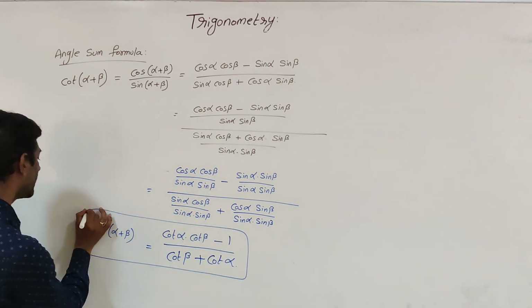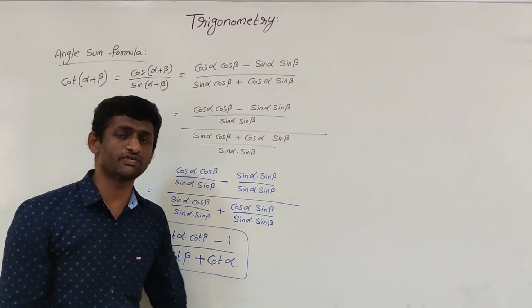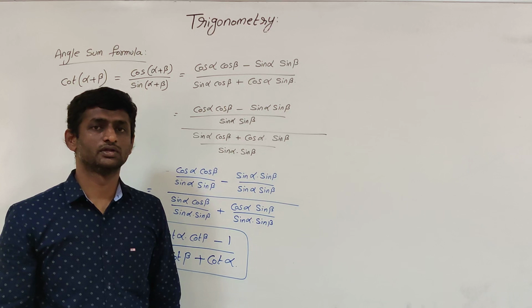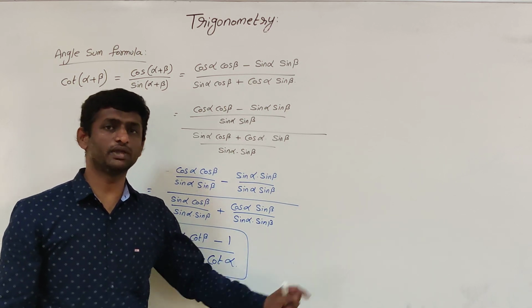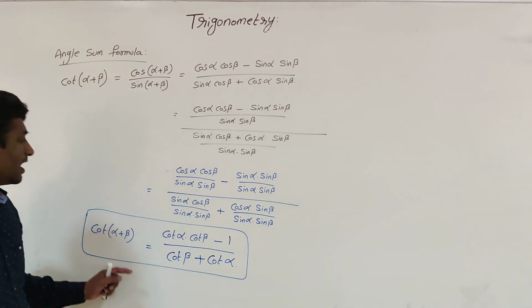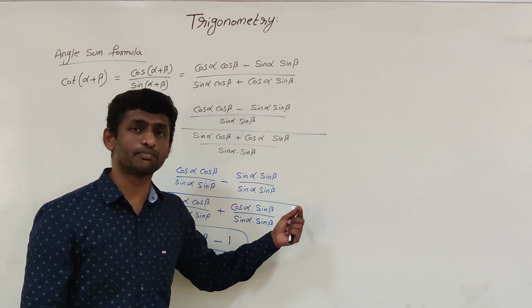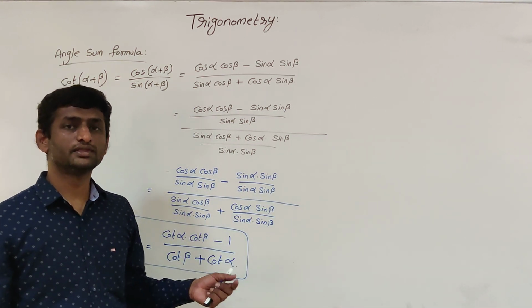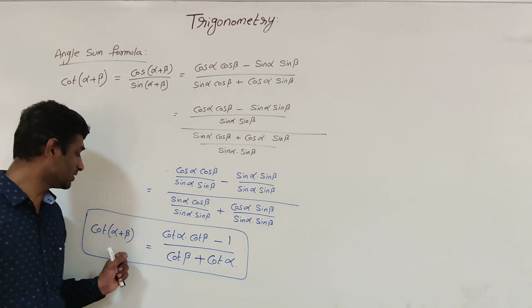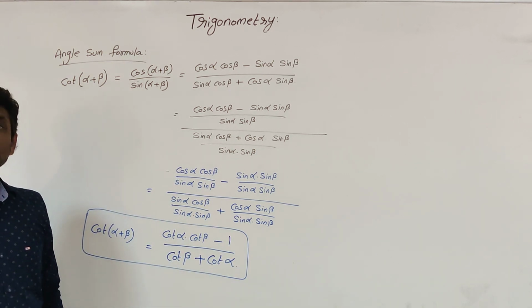But for what values of alpha and beta is it defined, and what should not be? If alpha or beta or alpha plus beta are multiples of n pi, then the trigonometric ratio, this alpha plus beta, will not be defined.